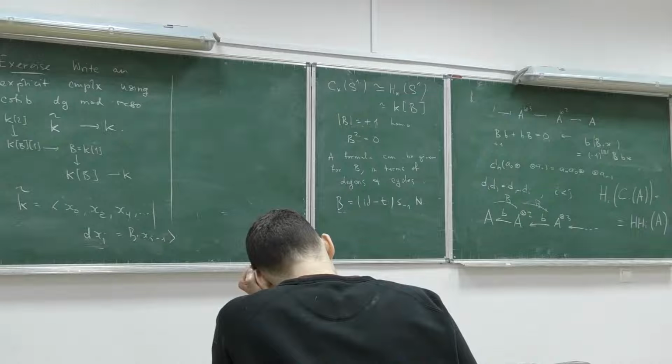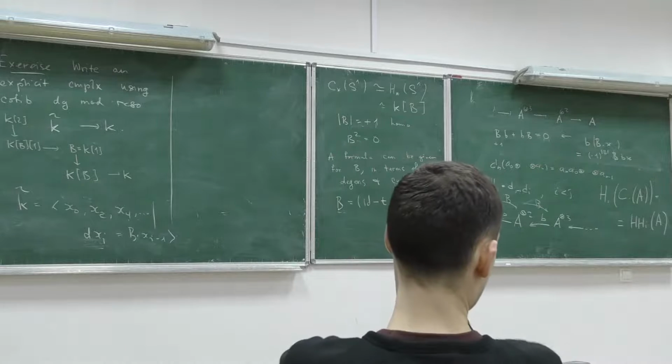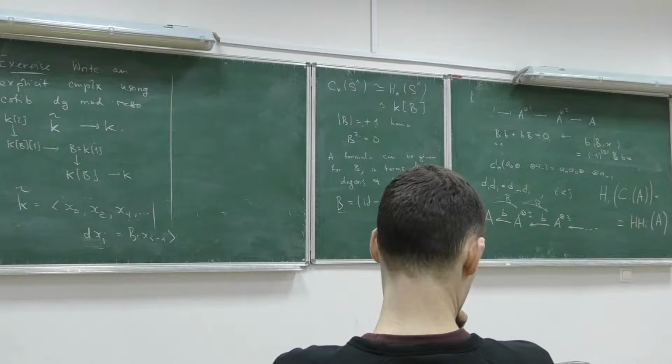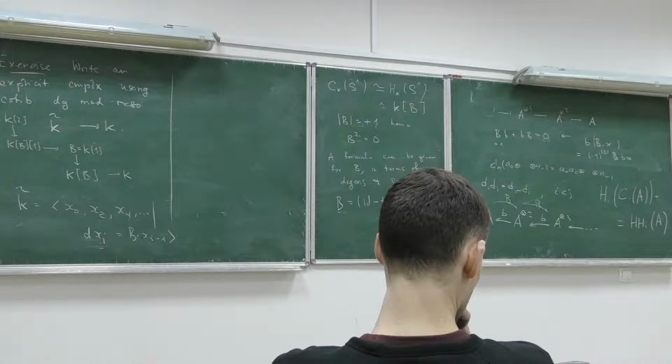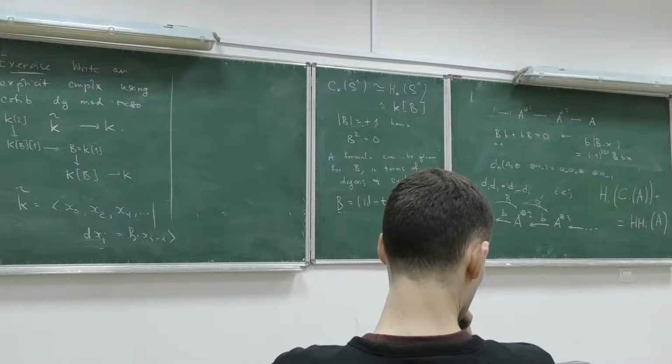We won't need it so much for string topology, because the topological meaning of that would be homotopy fixed points of the circle acting on your space, and that's somehow less interesting than taking the quotient in the case of the free loop space.